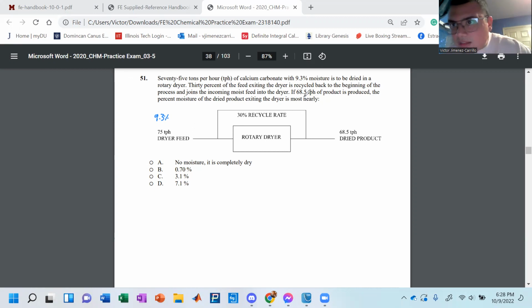Remember, in mass balances, you only care about the stuff in the middle if you decide to include it in the system you're taking a mass balance on. Again, we're smart engineers, so we're going to take a mass balance of the whole system, where we don't have to pay attention to that 30% recycle rate or any of the math that goes in there. Rather, we can pay attention to only the streams coming in and going out, which makes our lives easier. Since they gave us a moisture percentage, we do 75 times 9.3%.